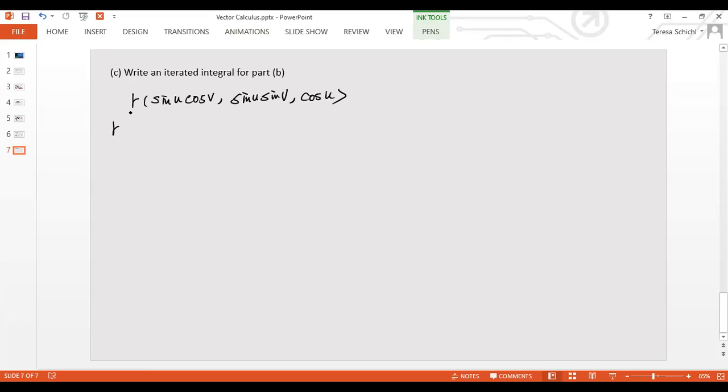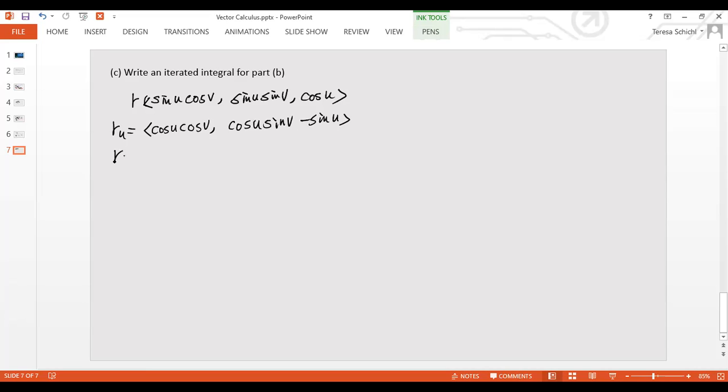You need to do R_u. So R_u is you take the partial for u here. So this one is cosine u cosine v, and this is going to be cosine u sine v. This one will be negative sine u.